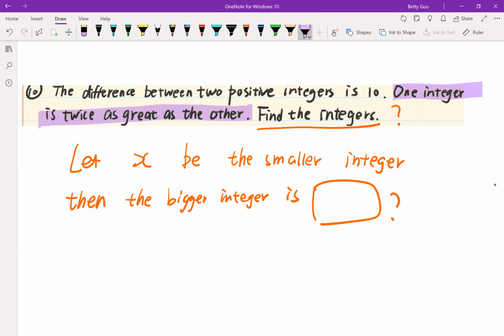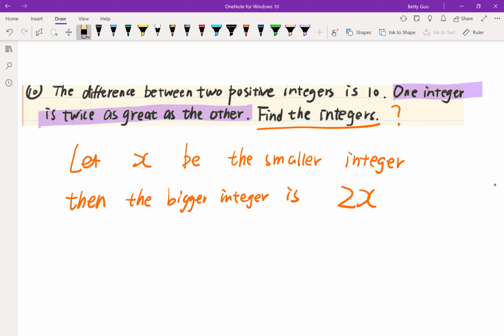So if we let x be the smaller integer, what's the bigger integer here in terms of x? Twice of the other. What is it? Twice. If the smaller number is x, what's the bigger number? The bigger number is twice of the smaller number. You tell me. Is that 2x? Yes or no?